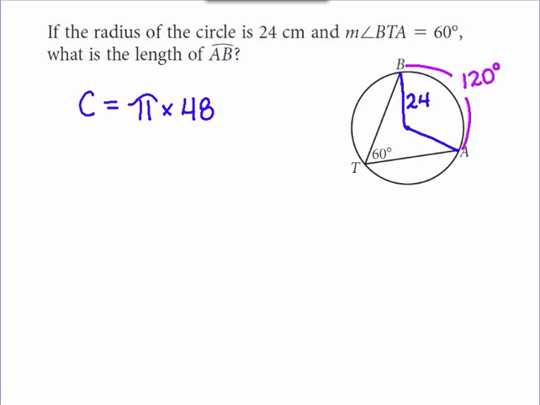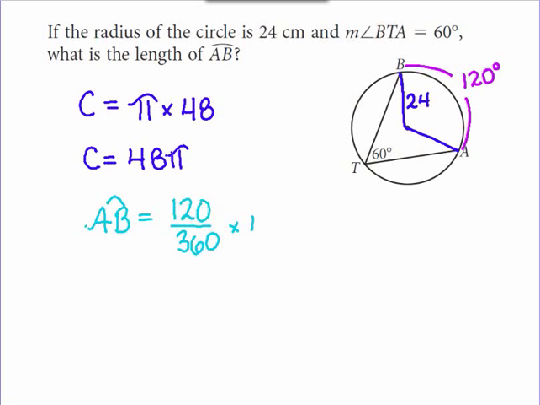So really the circumference is 48 pi. Now if I wanted the length of arc AB, arc AB will equal 120, which is the angle, divided by 360, times the circumference, which is 48 pi.